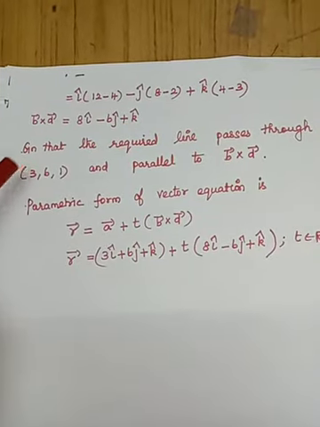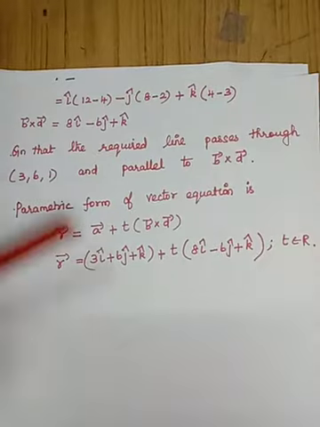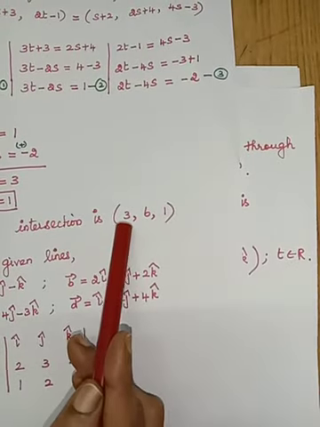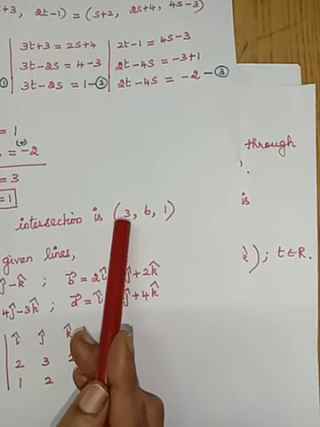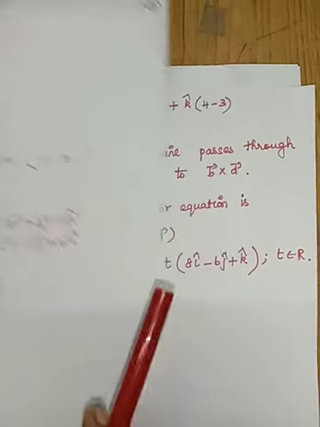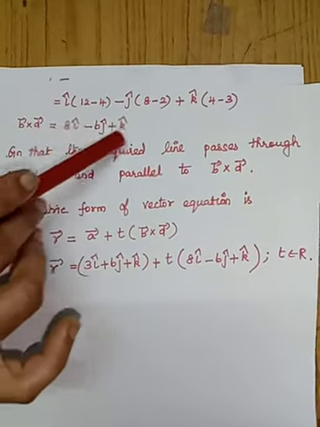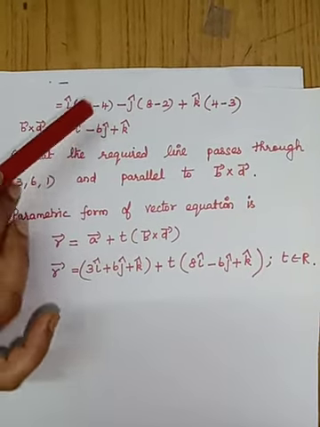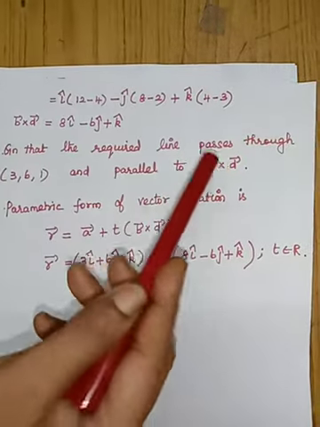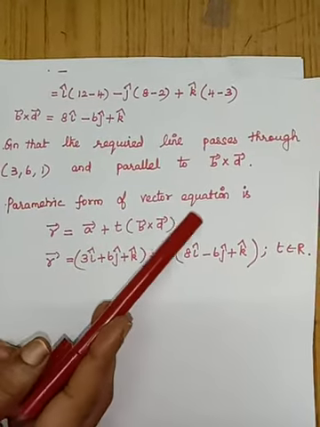So see what we got: the required line passes through the point of intersection of the given two lines, which is 3, 6, 1. So one passing point, and your required line is parallel to b vector cross d vector. So one passing point and one parallel vector. What is asked? The parametric form of the vector equation.